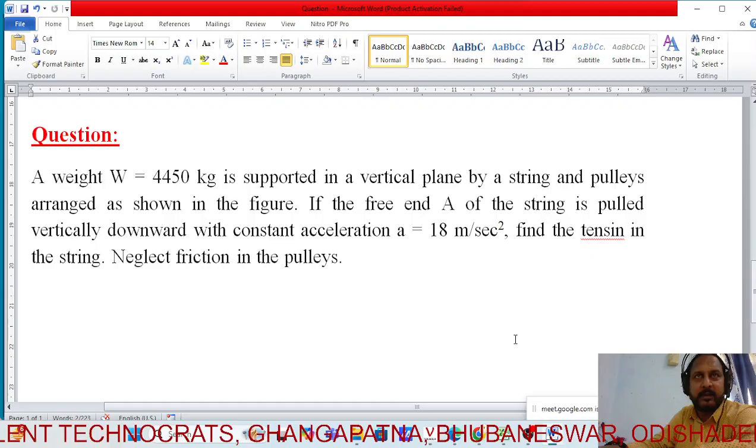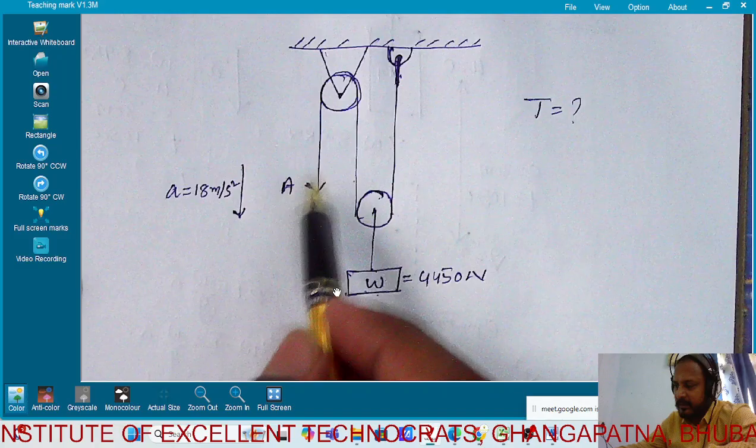Try to understand. Now here you can see the string. Is it the same string or a different string? Please see the pen. The string which is going here in this direction, is it the same string or a different string? The same.